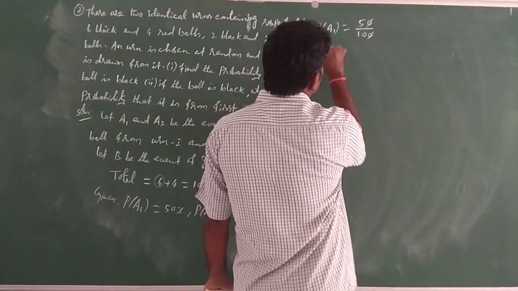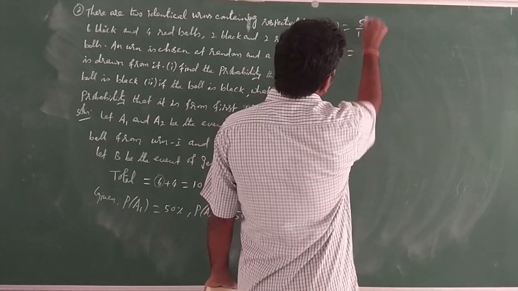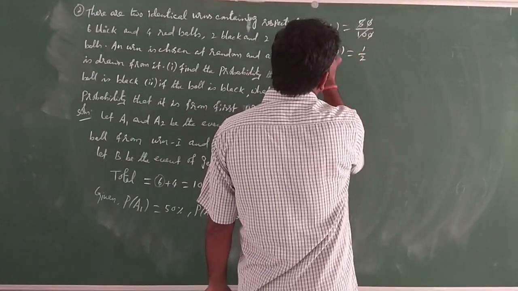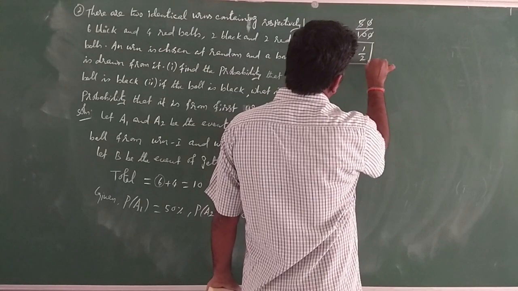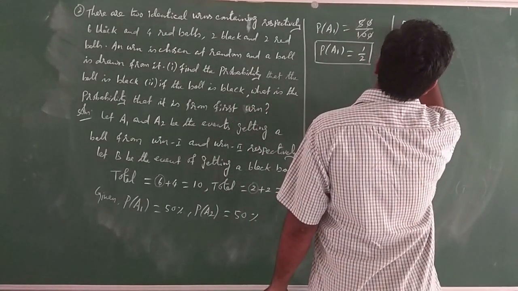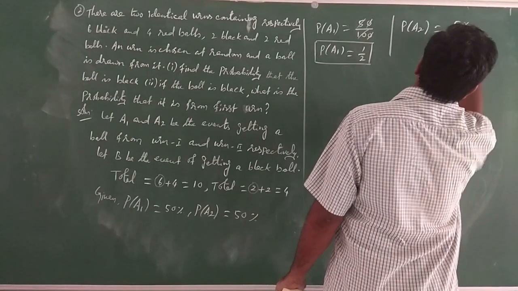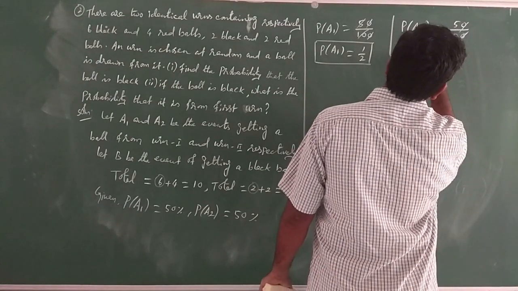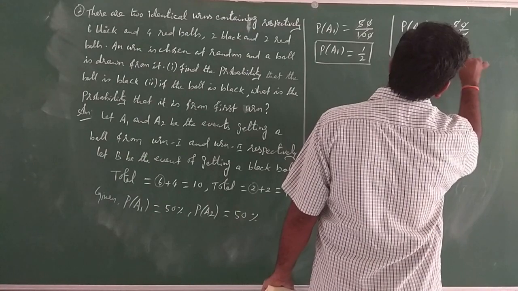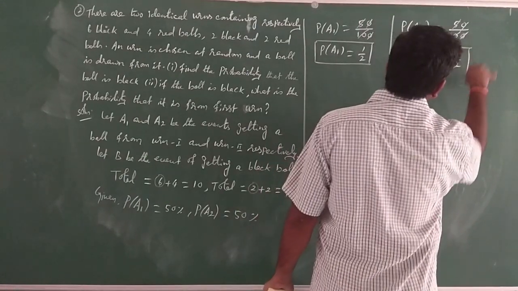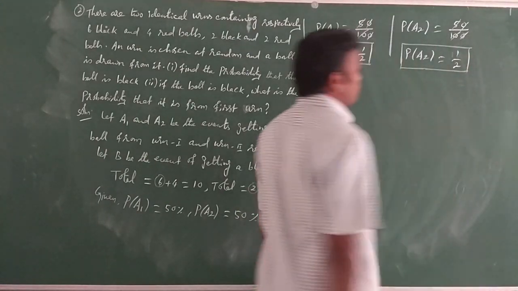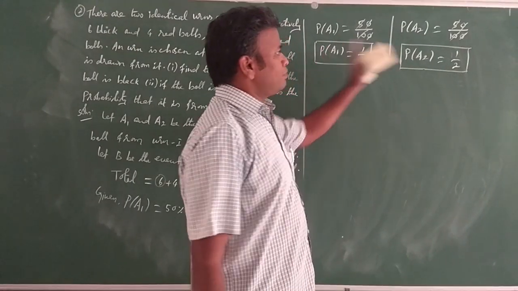So P of A1 is 1 by 2. And P of A2 also 50 by 100, I cancel, P of A2 is also 1 by 2. Wow, P of A1, P of A2.